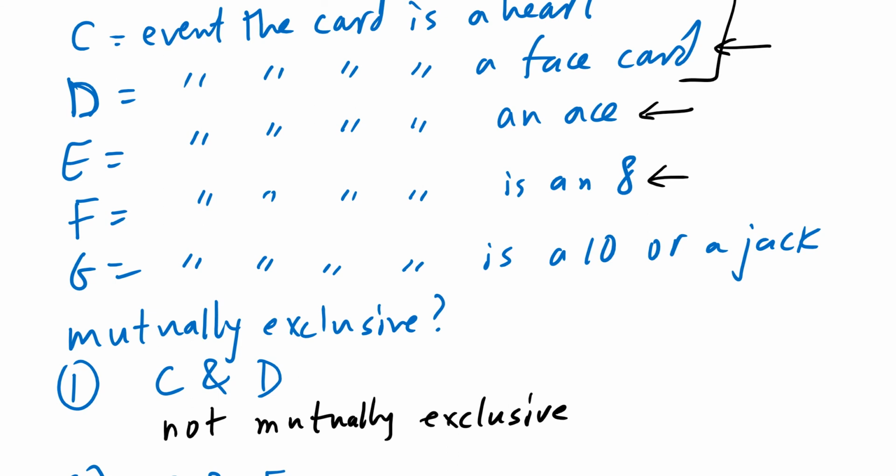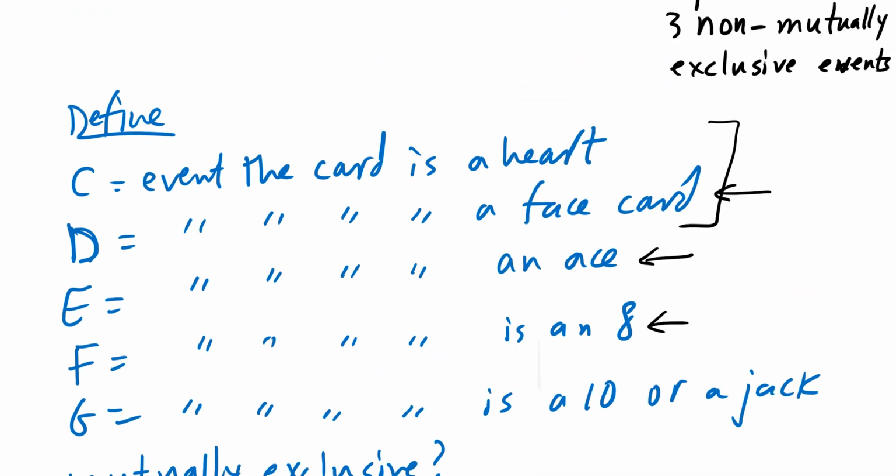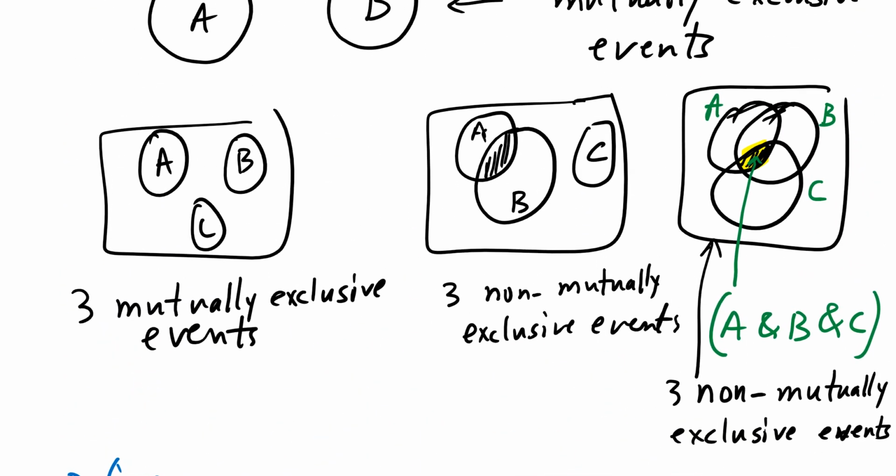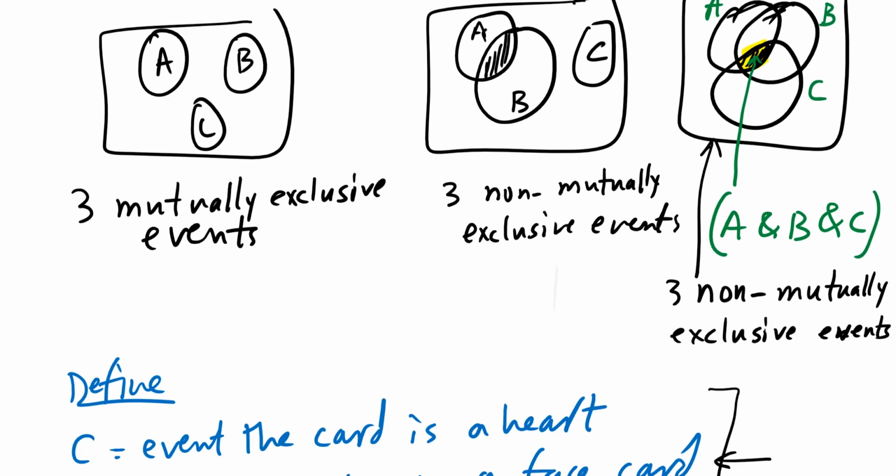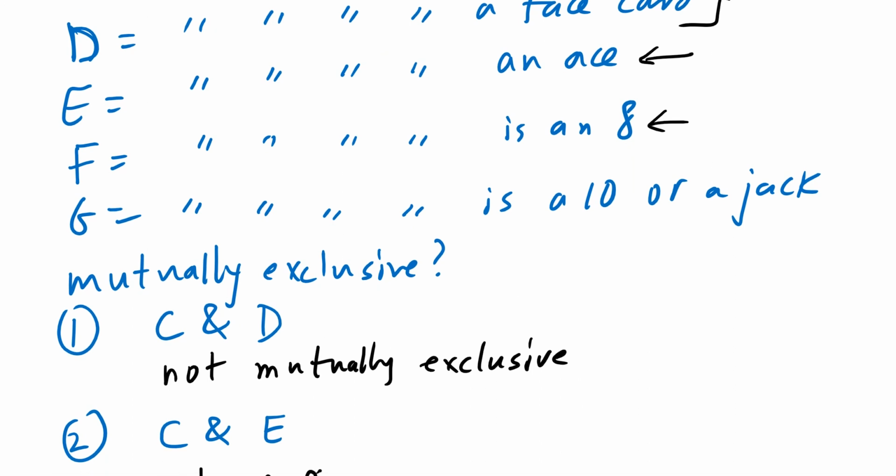Keep in mind, they don't all have to share one thing in common. At least two of them have to share something in common. Because if you look at the picture again, the middle picture is non-mutually exclusive because events A and B share something in common. So that's what we do for this one.